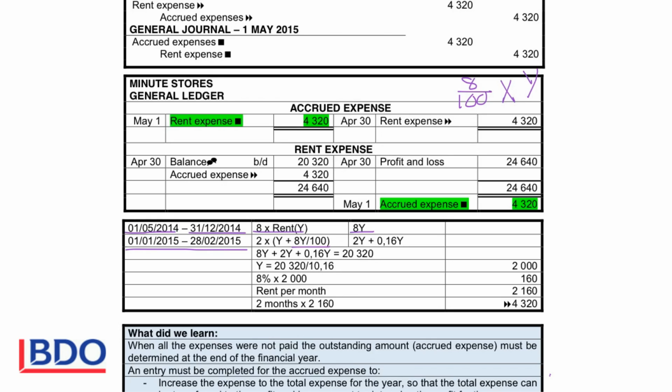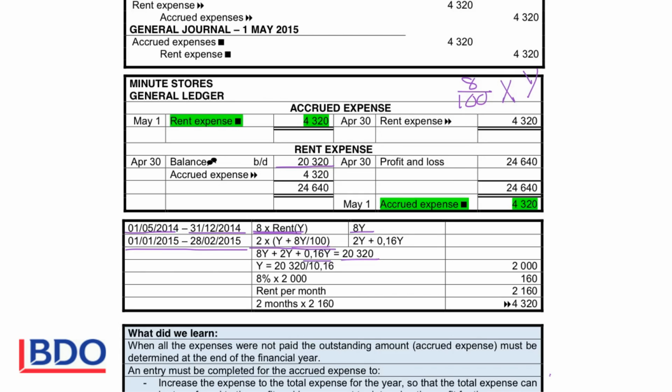So it means for the 2 months we paid 2Y plus 2 times 8Y over 100, which gives 0.16Y. And that equals the total amount that is in your rent expense account. So the amount that we paid, the 20,320, was for the first 8 months at Y amount, and for 2 months at Y plus 8%.